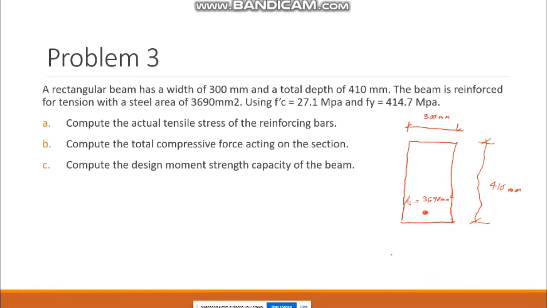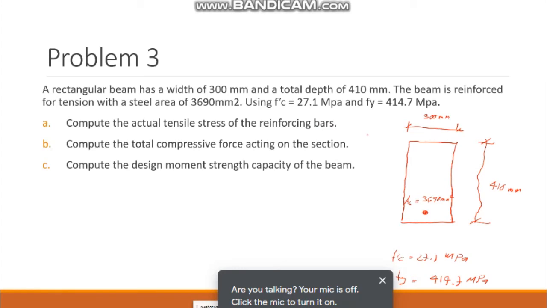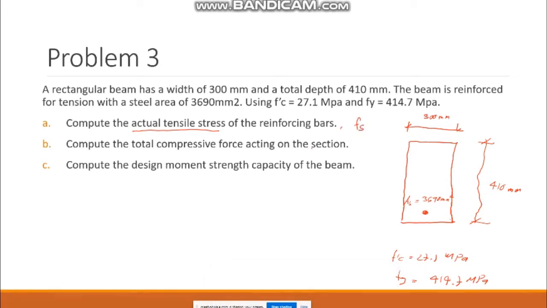Then f'c is 27.1 MPa, and fy is given. So in other words, you are asked to compute fs, the compressive force capital C, and then the moment strength, Mn.